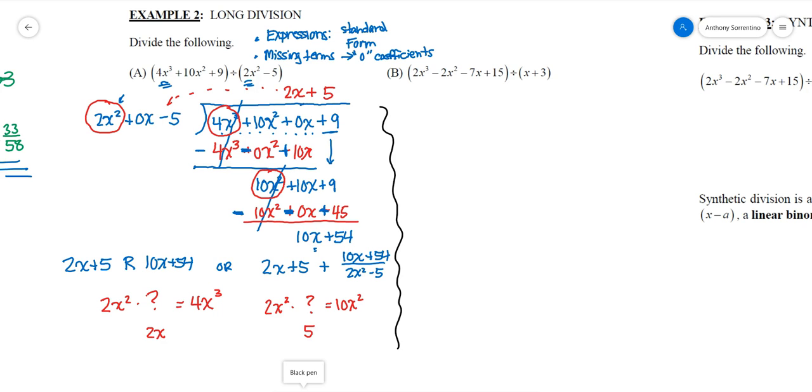And here I'm going to do, again, the expression that comes first is what goes underneath here. Now here I don't have any missing terms. I have an x cubed and x squared and x and a constant term, so everything there is good. Just have to copy it.